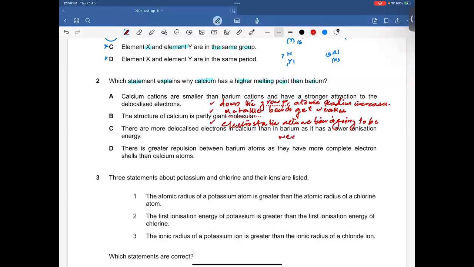On the basis of this, let's read the statement. One more thing. Since calcium and barium both are found in the same group of the periodic table, they have the same number of valence electrons as well.